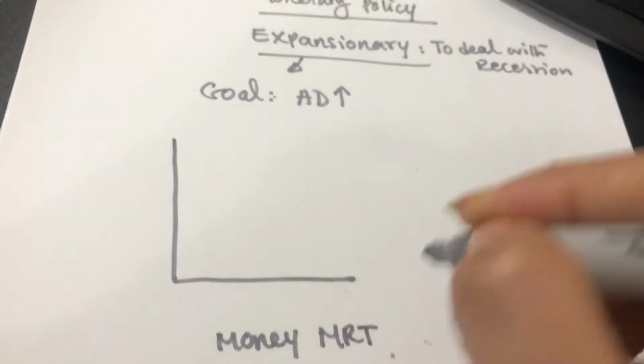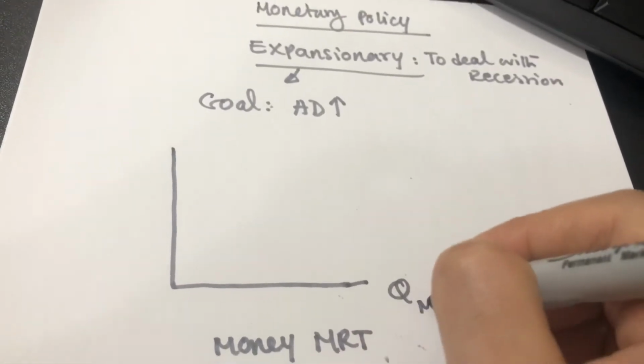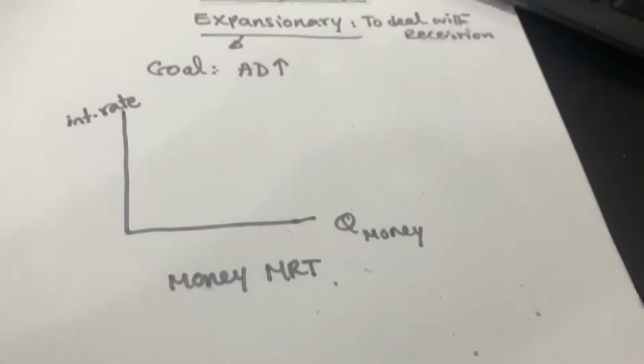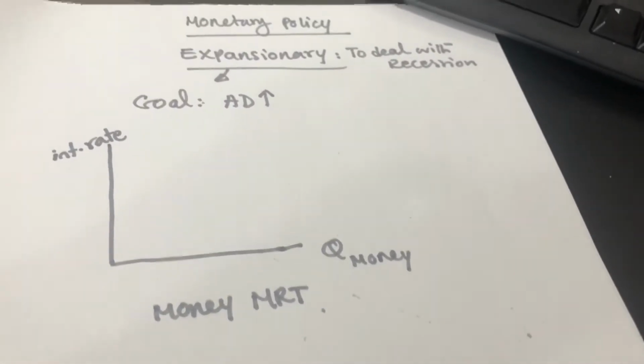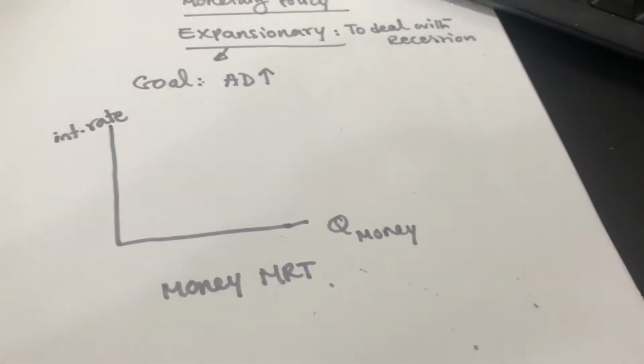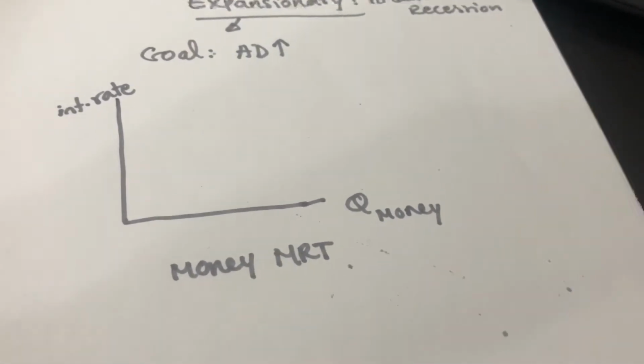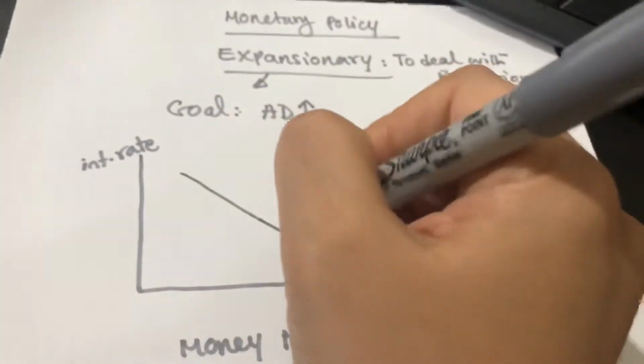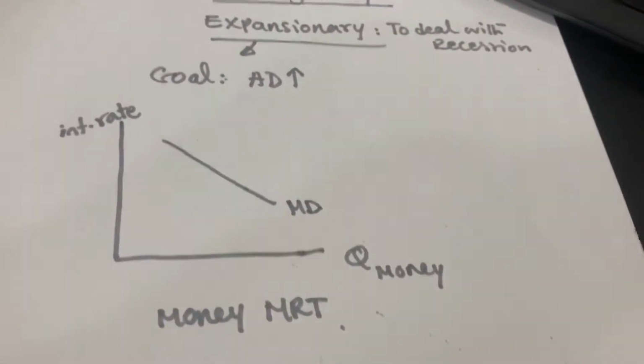So this is my money market. Here I have the quantity of money, and I have the interest rate. In the previous chapters we talked about the money market, so if you don't remember demand for money or supply of money, definitely watch that video and review the money market.